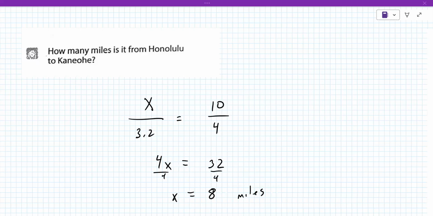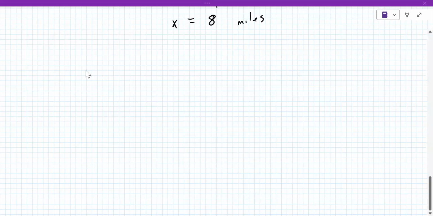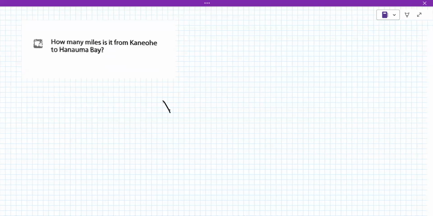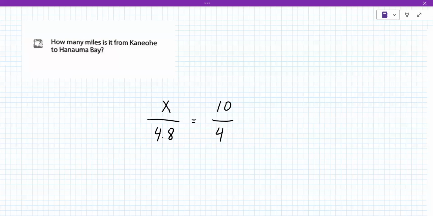So it is 4.8 centimeters. 4x equals 48, cross multiply.